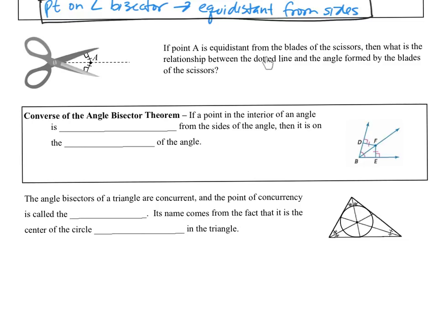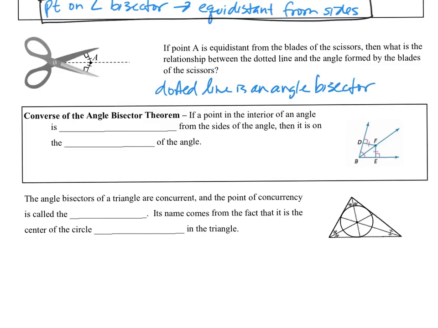So if A is equidistant from the blades of the scissors, then what is the relationship between the dotted line and the angle formed by the blades of the scissors? Well, I think what we can conclude is if A is equidistant from the blades of the scissors, then this dotted line would be the angle bisector of the blades. So let's just write that down. I'll just say the dotted line is an angle bisector.